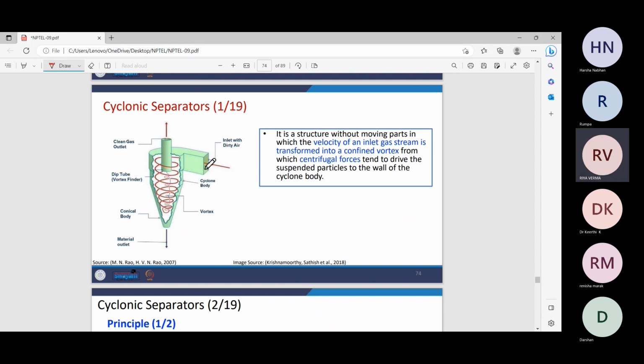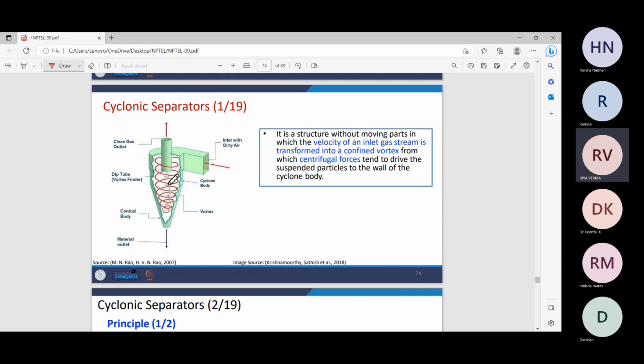So basically here, dirty air enters from this inlet wall, and after that it enters this chamber tangentially. So due to this, it swirls around and comes downwards. As this gas swirls around in this cyclone, the particles start to experience centrifugal forces.